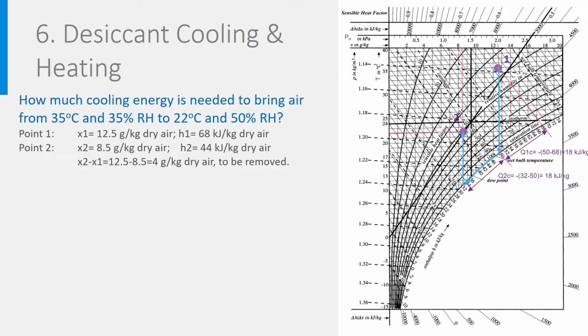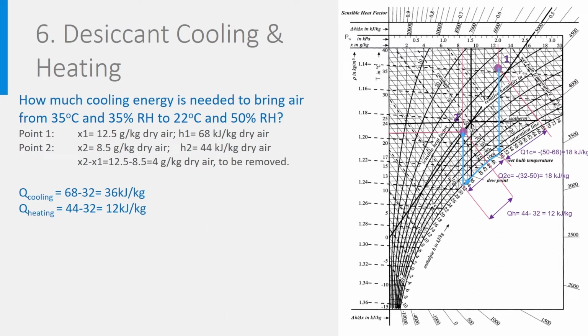This costs heating energy. 40 minus 32 is 12 kilojoule per kilogram. So, in total, we need to cool 18 plus 18 is 36 kilojoule, and we need to heat 12 kilojoule per kilogram.